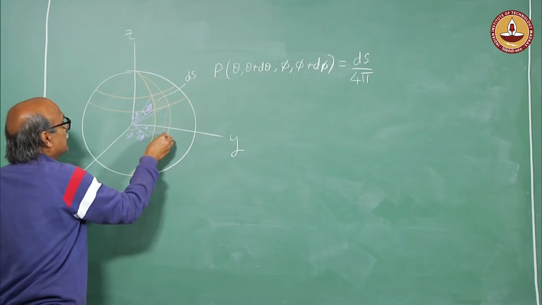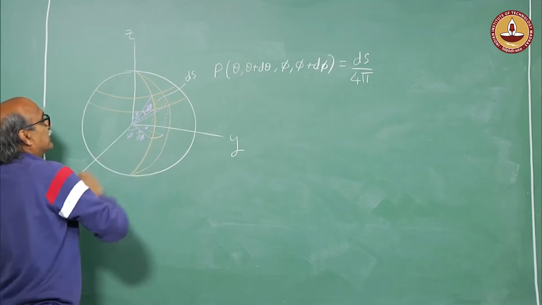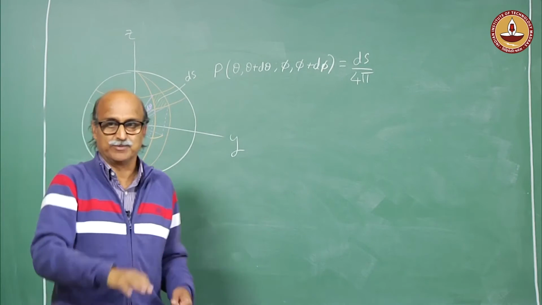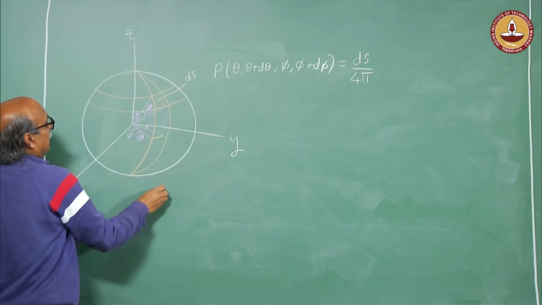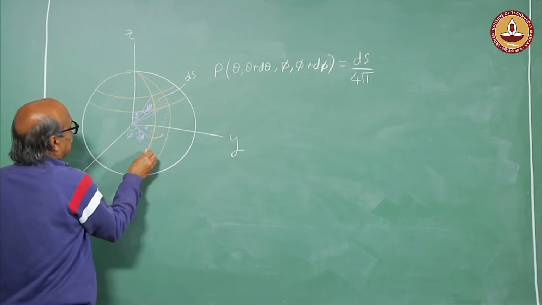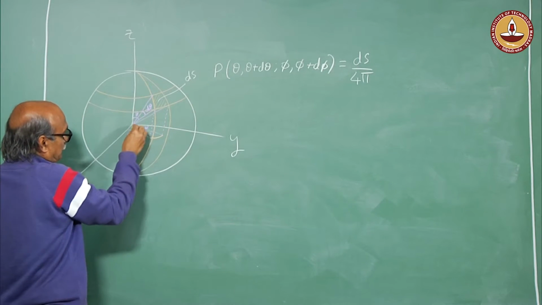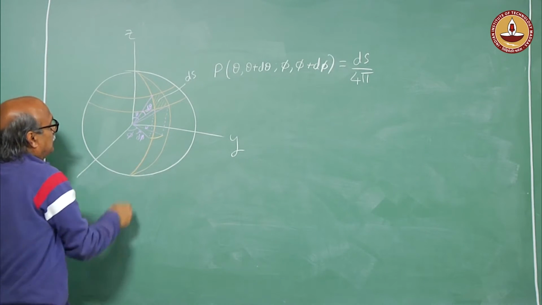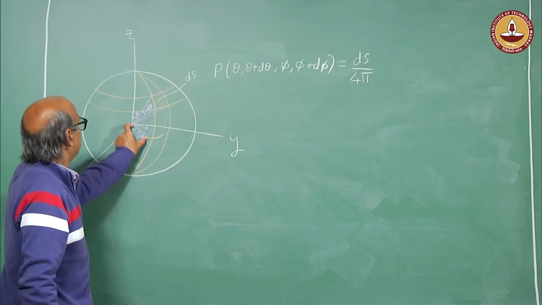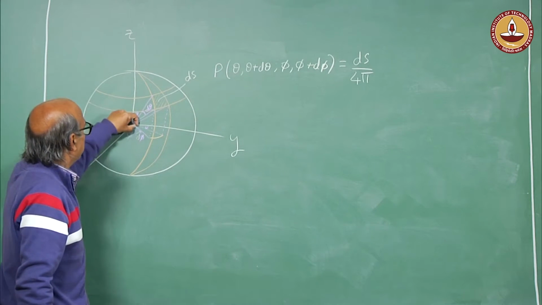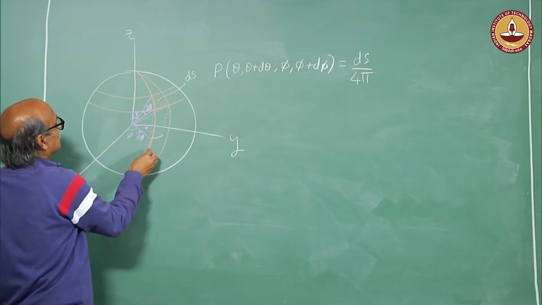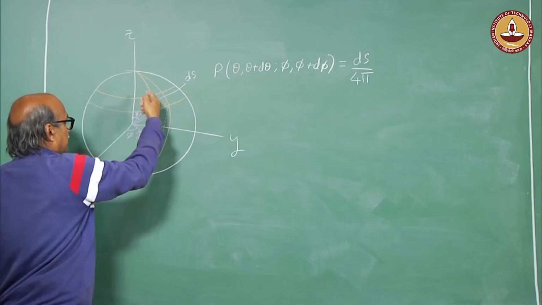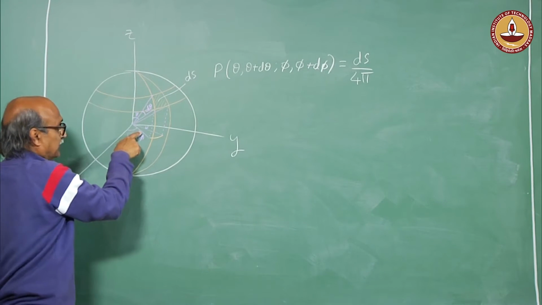This length would be the same as this projected length on the xy plane, and the projected length on the xy plane is nothing but this particular length, the projected length multiplied by d phi. Now, what is this projected length? This is nothing but radius of the sphere times sin theta.